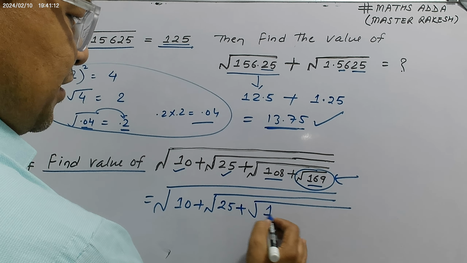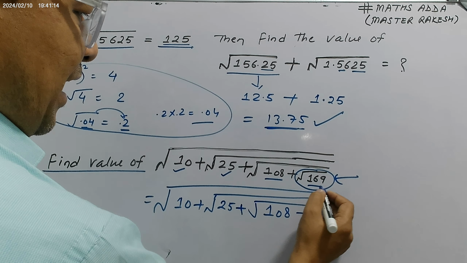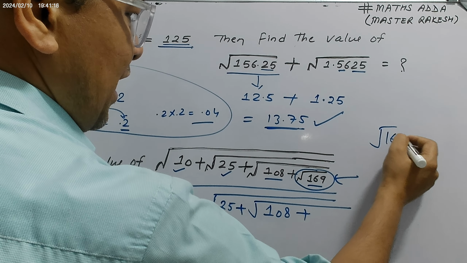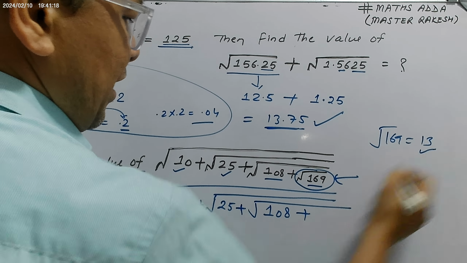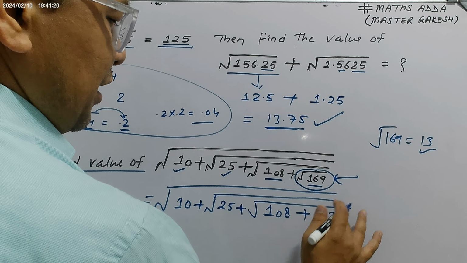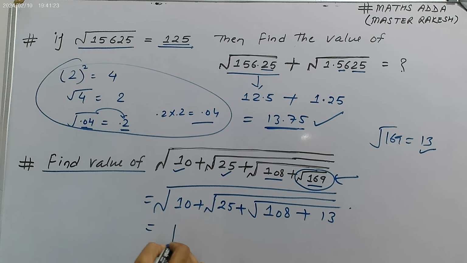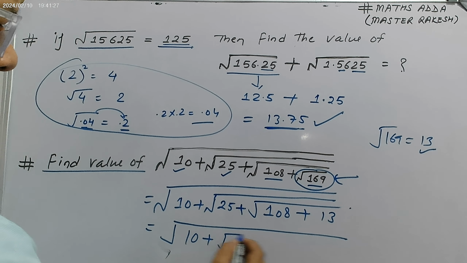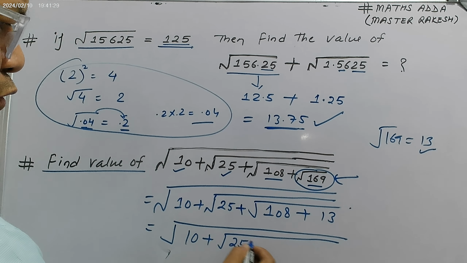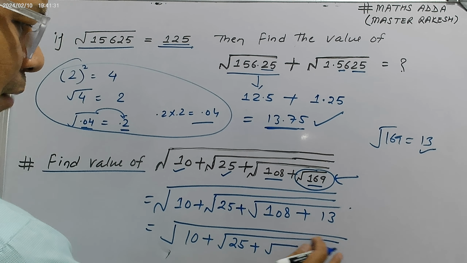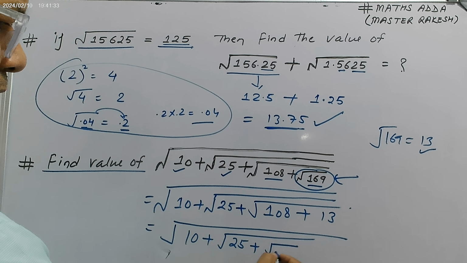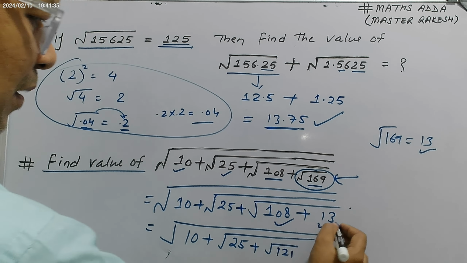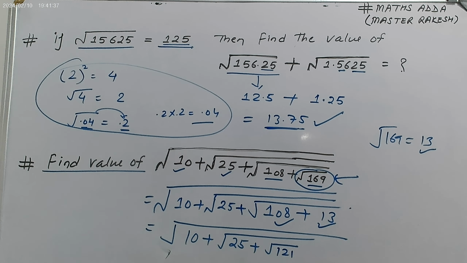So it is 108 plus the root of 169. What is the root of 169? Always 13. So 13 you will put here. Like this, 10 plus root 25 plus, 108 plus 13 becomes 121.